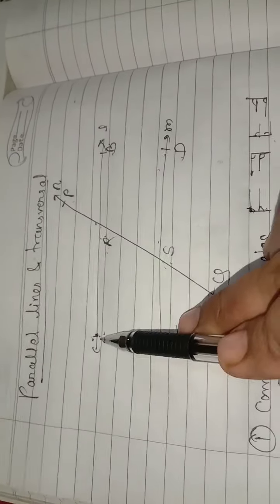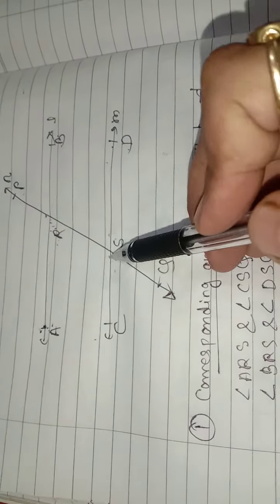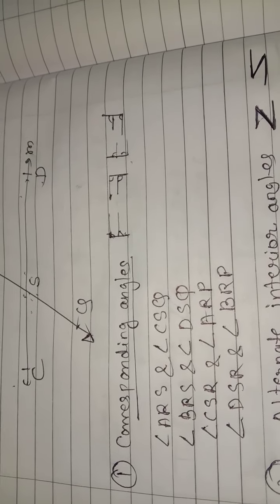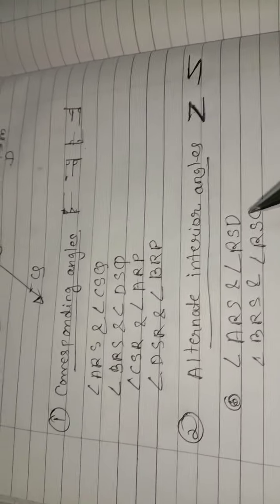See here, Z, first pair, that is angle ARS and angle RSD. Second pair is angle BRS and angle RSC. So these are two pairs of alternate interior angles.